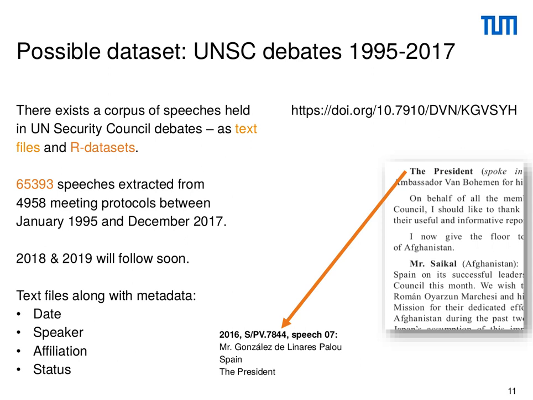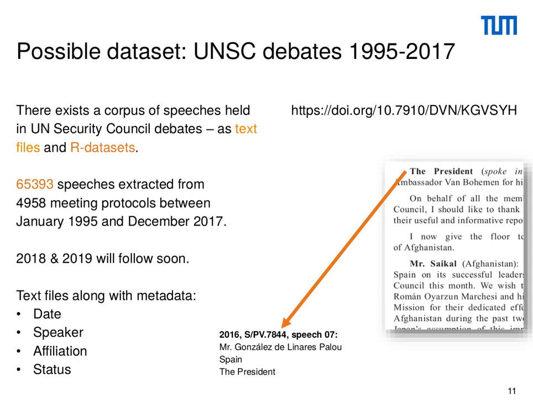There are two nice things about this. One thing is that this corpus is huge. It's 65,000 single speech documents. And the second nice aspect is that it covers a large time span, from the beginning of 1995 until the last meeting in 2017. And also 2018 and 19 will follow soon.